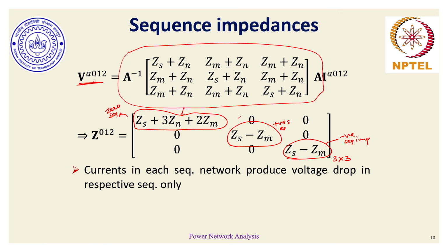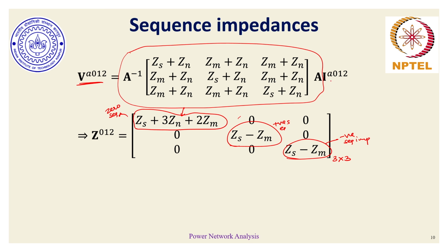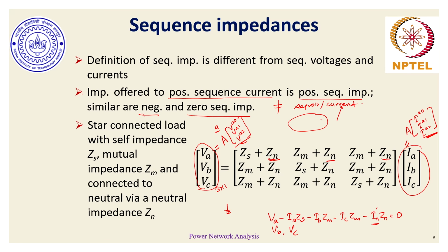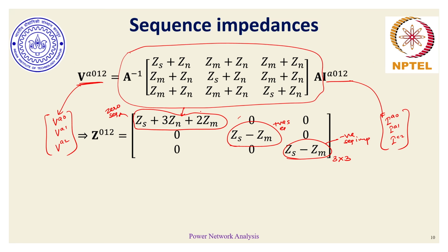This conclusion comes from the definition of VA012 and IA012. If I expand VA012, it is VA0, VA1 and VA2. And similarly for IA012, I have IA0, IA1 and IA2. And if I go back and look at my definition of impedances, as per this statement, the impedance offered to the flow of zero sequence current because of zero sequence voltage would be called the zero sequence impedance.